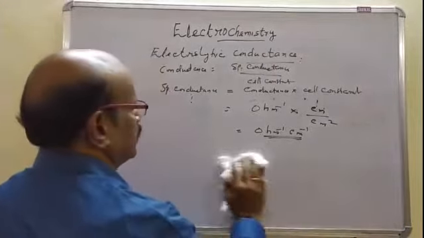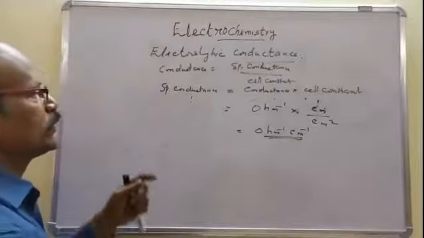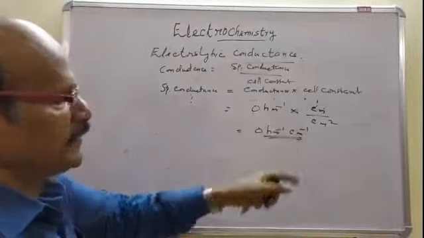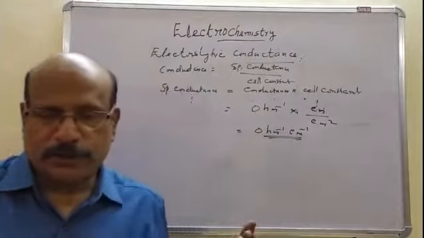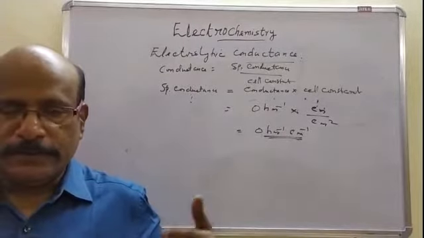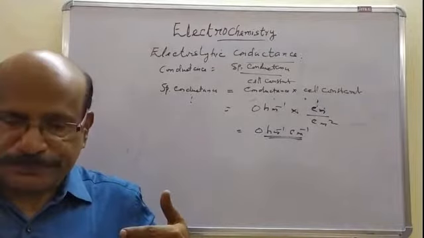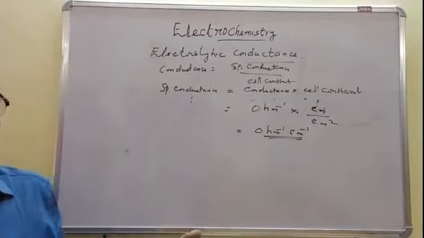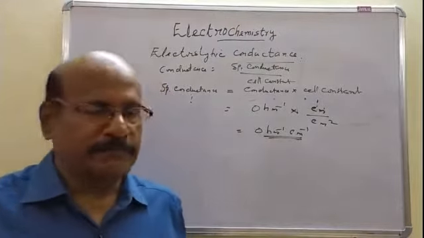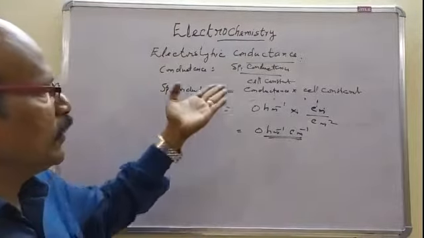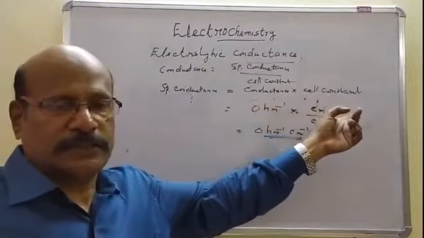The next is, okay, so you remember this equation. The conductance produced by an electrolyte solution of 1 cc or unit volume is always equal to conductance into cell constant.